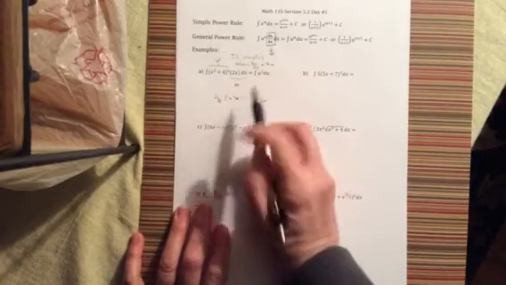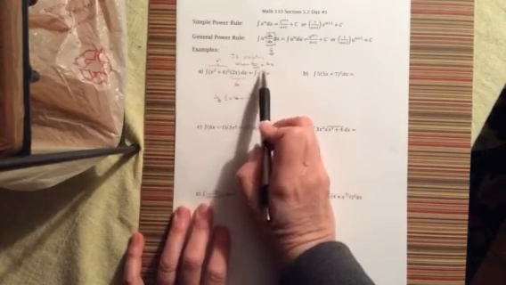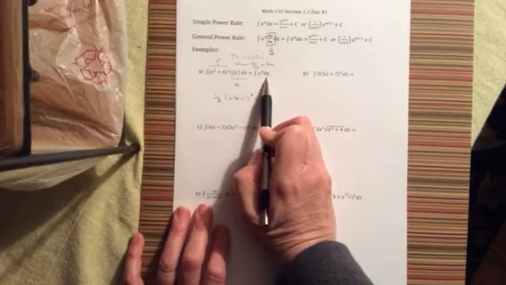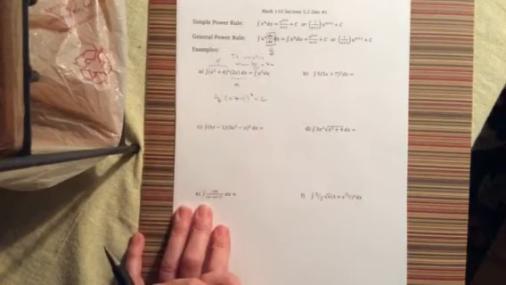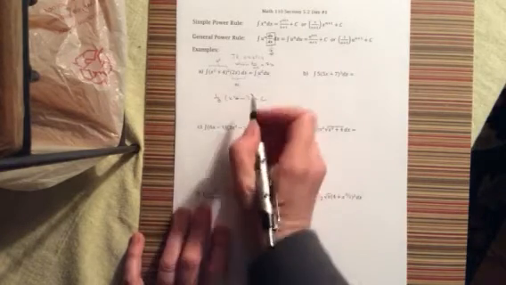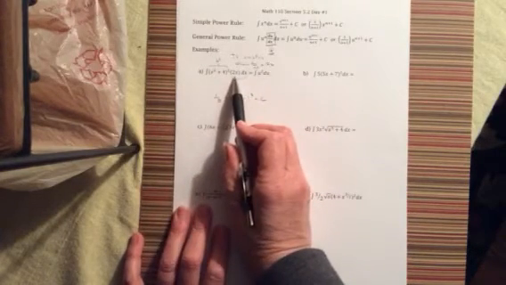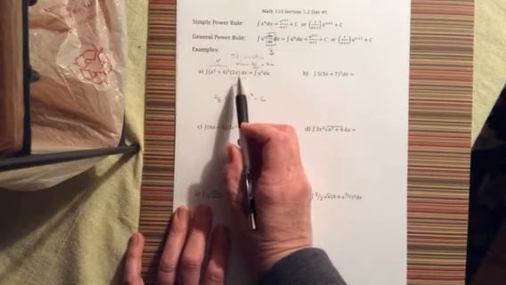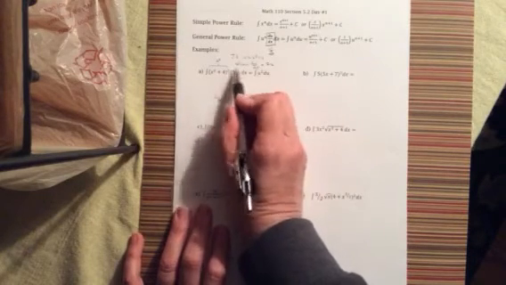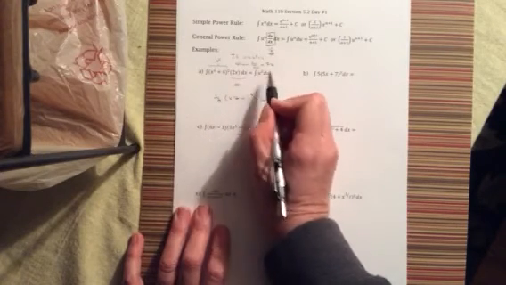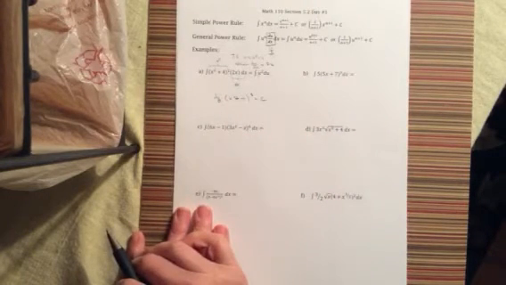Once we get to the point where we're convinced that we have u to a power and we have du instead of dx, then we can use that power rule. Now, a lot of times people say, well, where did that 2x go? It just disappeared. And in fact, it really did disappear. It got sucked up with the dx to become this du that we needed.